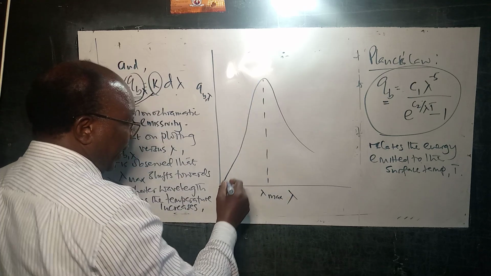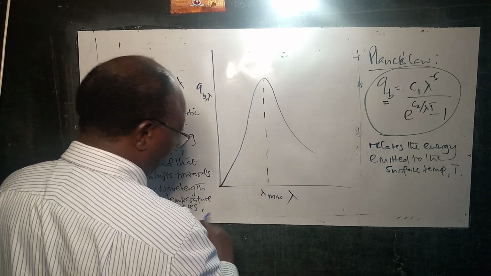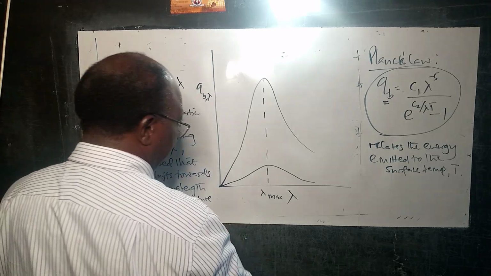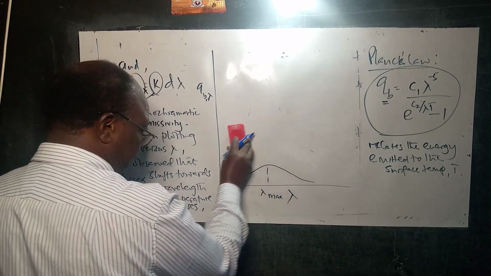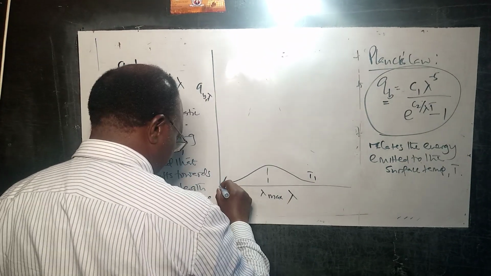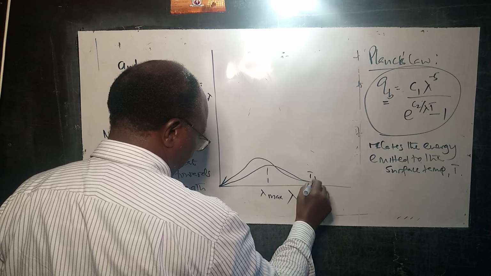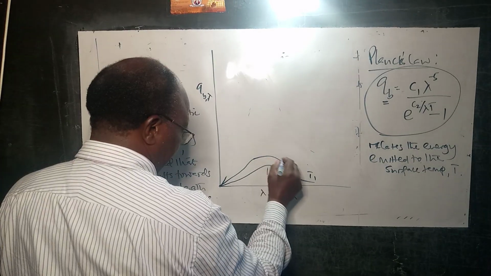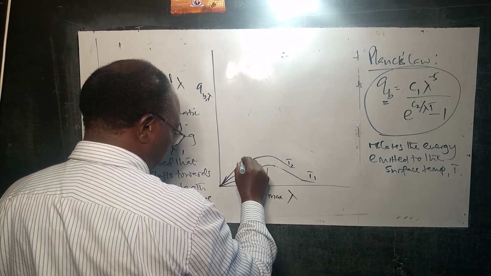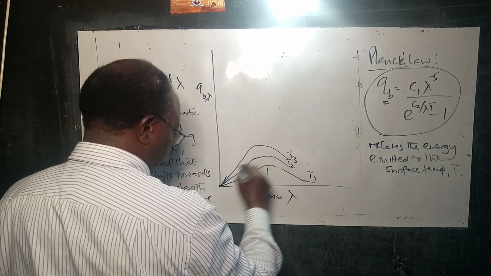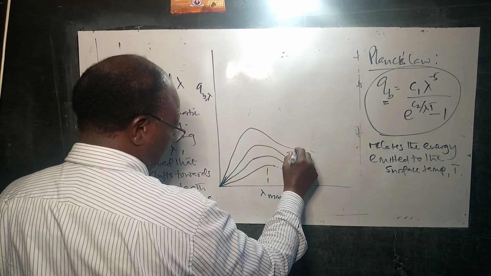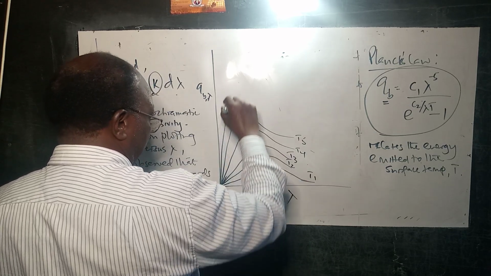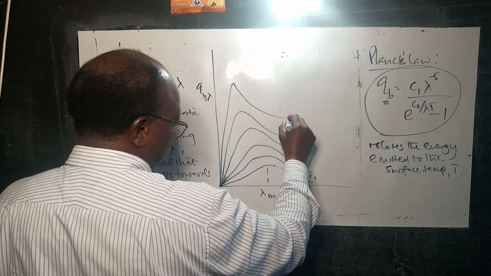Let's say this is some temperature T1, going to higher temperature: T2, T3, T4, T5, T6.